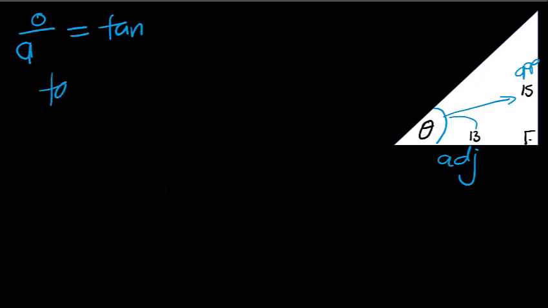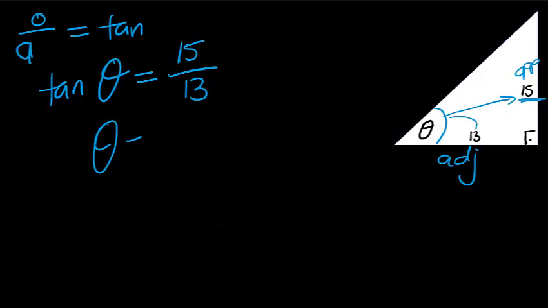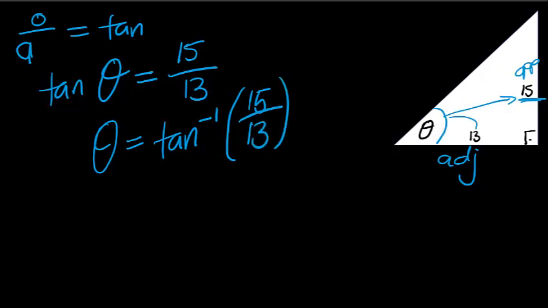So tan of theta is going to be equal to opposite 15 over adjacent 13. Tan of theta is 15 over 13. Theta is going to be the inverse function of tan, 15 over 13.